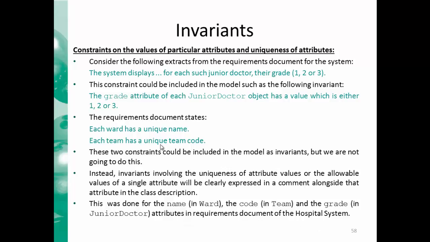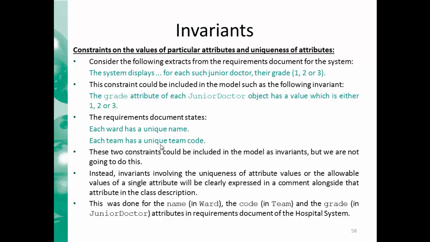For example, consider the following extract from the hospital system. It says the system displays for each such junior doctor their grades 1, 2, or 3. So this constraint on the junior doctor object can be represented as follows.